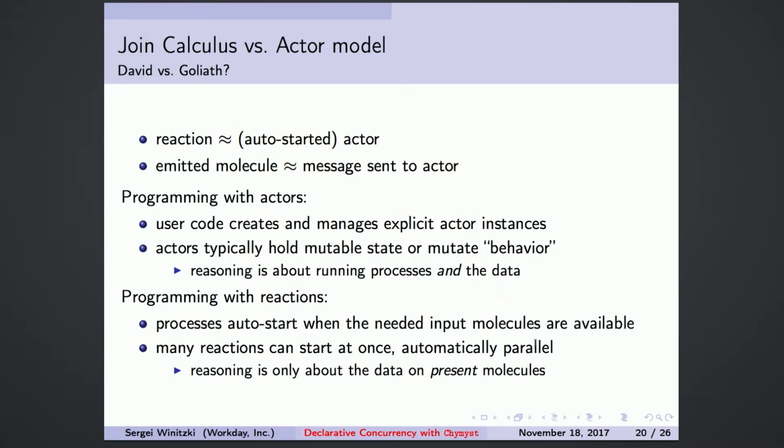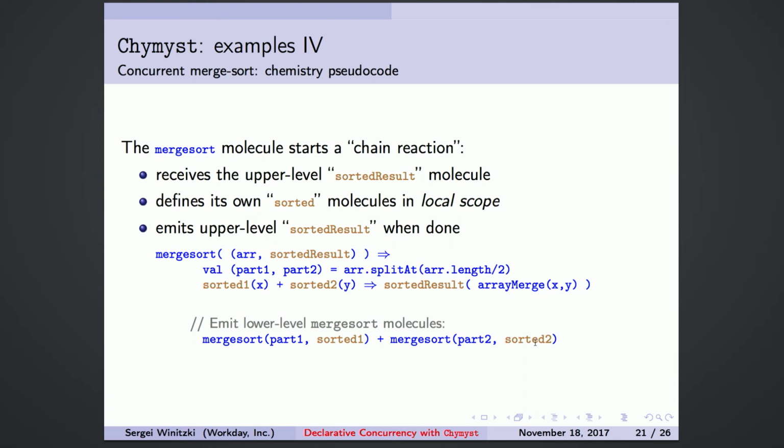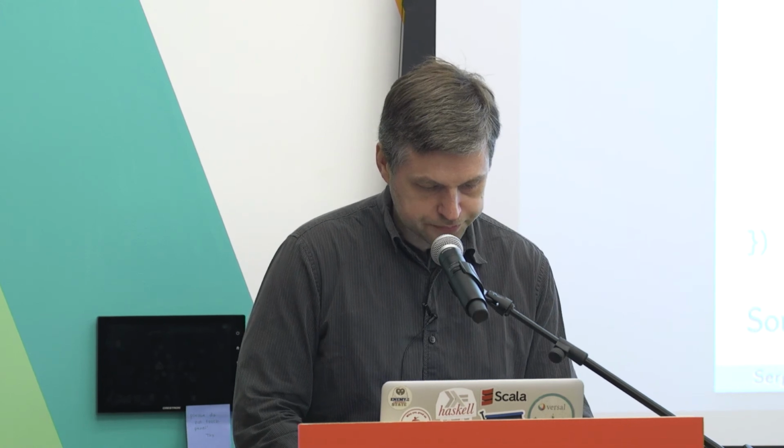I'll skip this in the interest of time, but there's an interesting example of a concurrent merge sort algorithm, which works by initiating a chain reaction. The merge sort on an initial array initiates reactions for merge sorts on the partial arrays, and they initiate their own child reactions. That dynamically creates a tree of reactions. When everything is done, you have the entire array sorted, and the parallelism is automatic. This is the code.